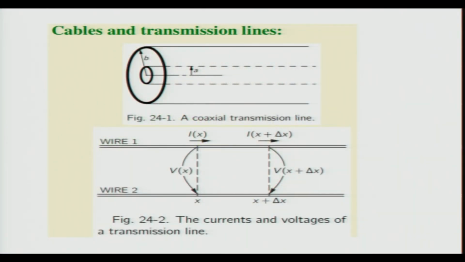When we look at other kinds of devices, we will actually take a break from talking about circuit elements. There are other kinds of devices, just like cables and transmission lines. I did mention some time ago that an ideal inductor having the relationship VAB equal to L di by dt, and an ideal capacitor having the relationship of current being equal to C dV by dt, in real life have magnetic fields as well as electrical fields in both capacitors and inductors.